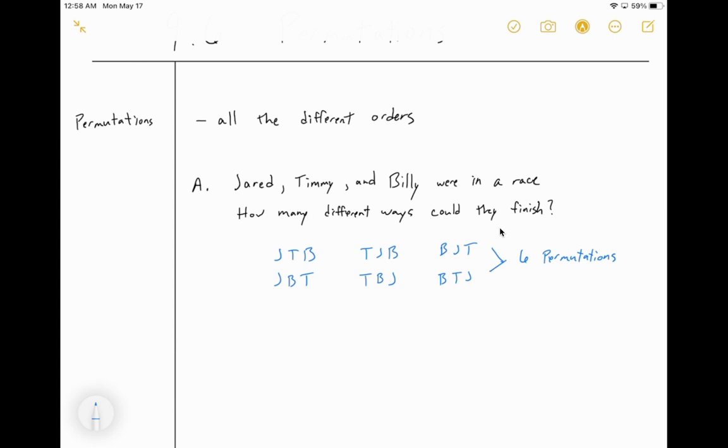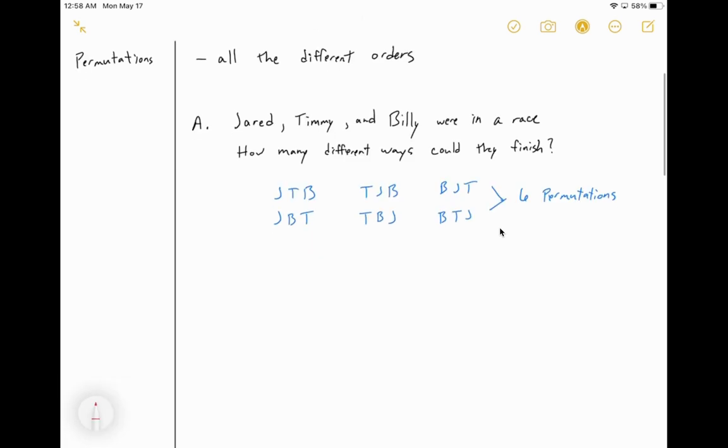Think of it this way: how many people could get first place? Well, Jared could get first place, Timmy could get first place, and Billy could earn first place. So there are 3 people that could earn first place. Now, how many could earn second place?